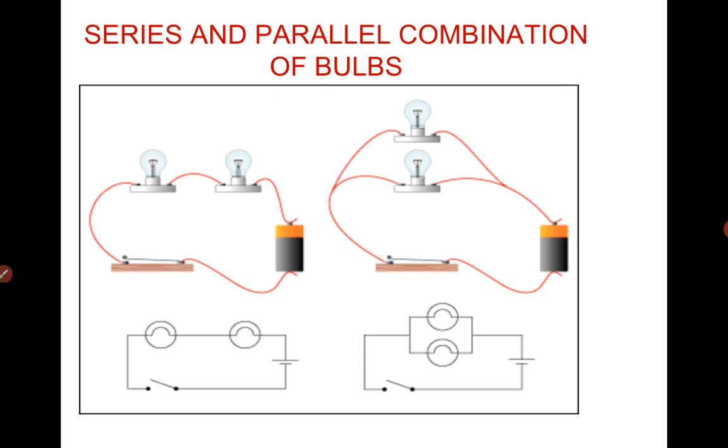Like this, you can think a lot about these two circuits to understand the series and parallel combination of circuits. So I am giving this task to you all, to think creatively and critically to understand the concept of series and parallel combination of resistors in the form of bulbs.